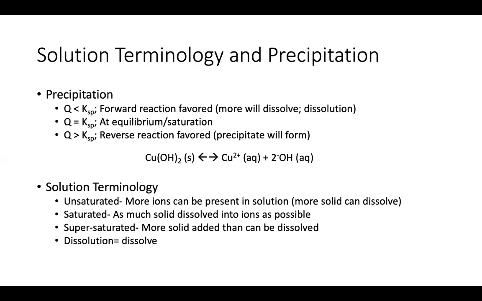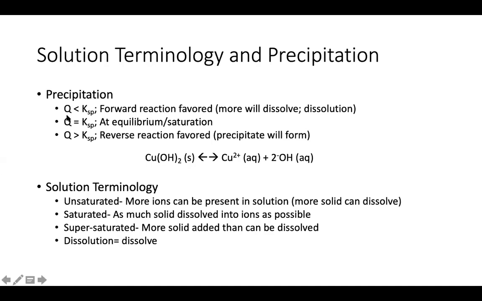Okay, so let's talk about precipitation. In this chapter, when we talk about precipitation, we're really going to be relating Q to our KSP. We're relating Q and K. Remember that Q and K are calculated exactly the same, and generally they are products divided by reactants.